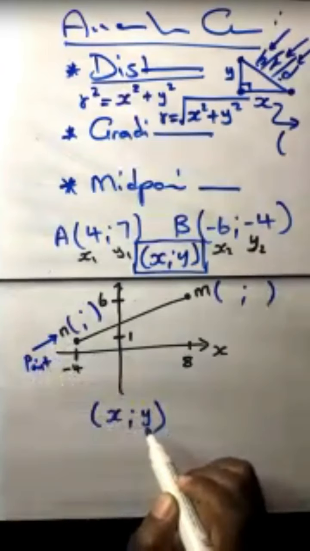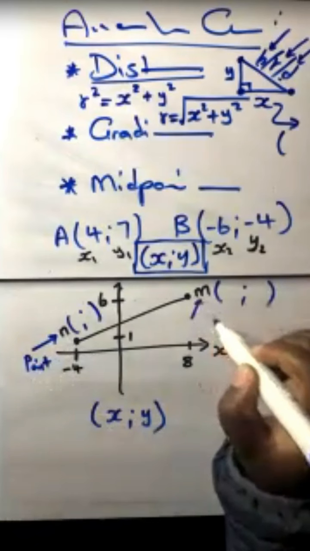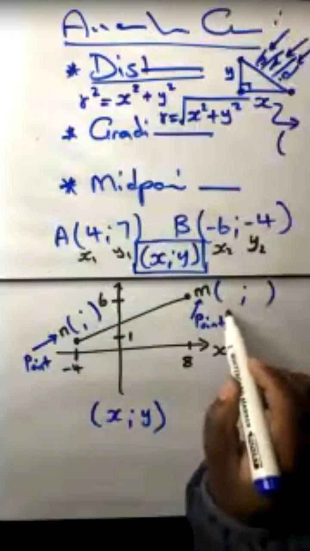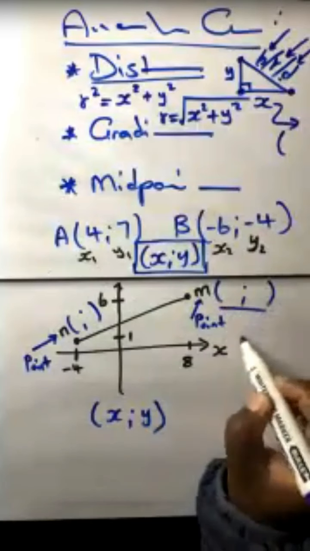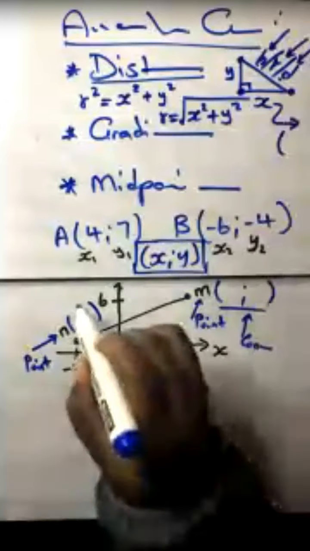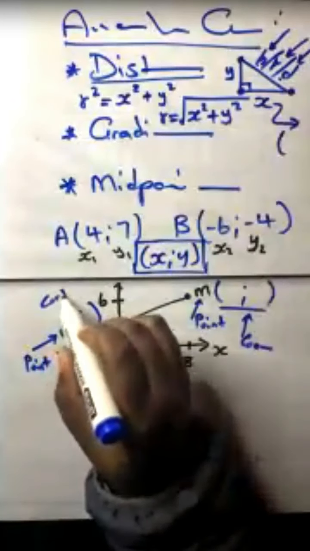So in a statement, every time they say a point, they are referring to that letter over there. Then these two values, the x and y, are what we call the coordinates.